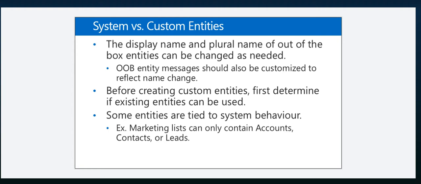If you're working in a service organization and you don't work with opportunities, but you might want to use opportunities for something else which is not opportunity work related, you would probably be better off creating a custom entity rather than repurposing opportunity. Because if you ever get into the situation where you want to use opportunities, then you cannot undo what you've already done. Or you could, but it would be very, very extensive work.